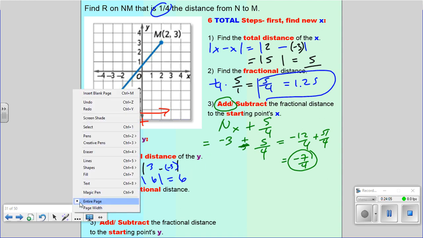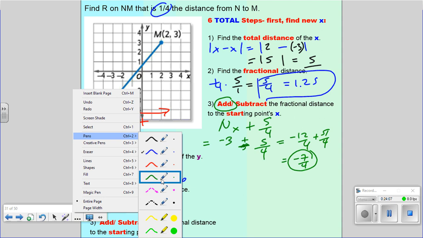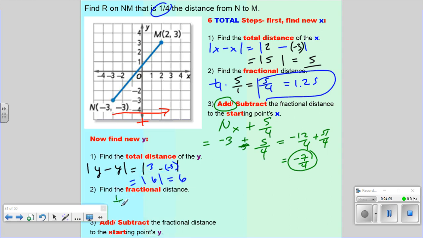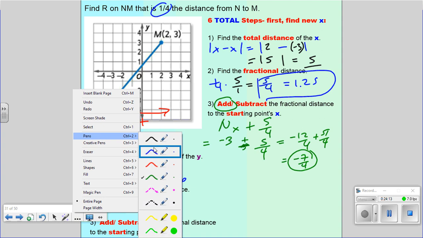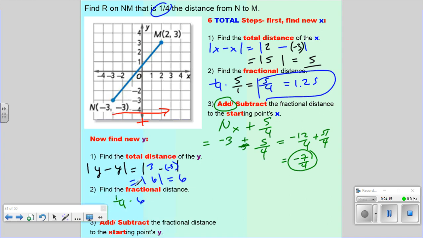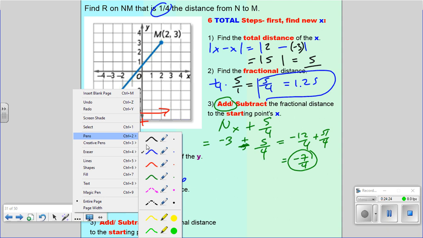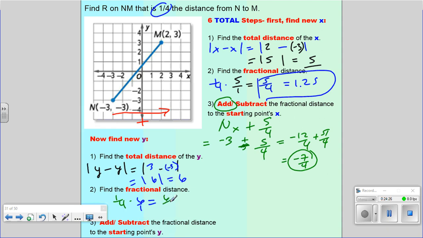Then we find our fractional distance using 1/4 again times, this time we're using 6 because we always multiply it by the total. So put it over 1, multiply straight across. You would get 6 over 4, which reduces to 3 over 2. And again, as a decimal, that's 1.5.